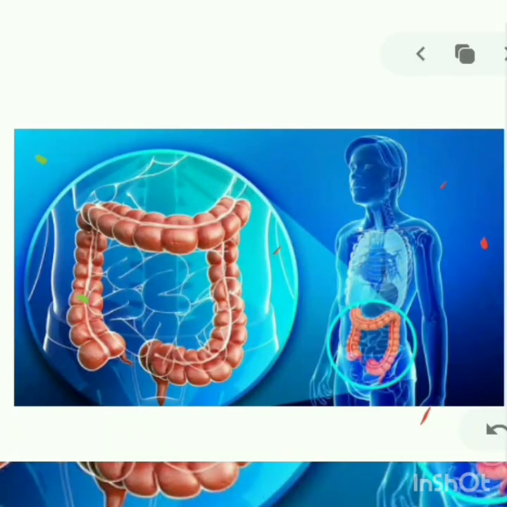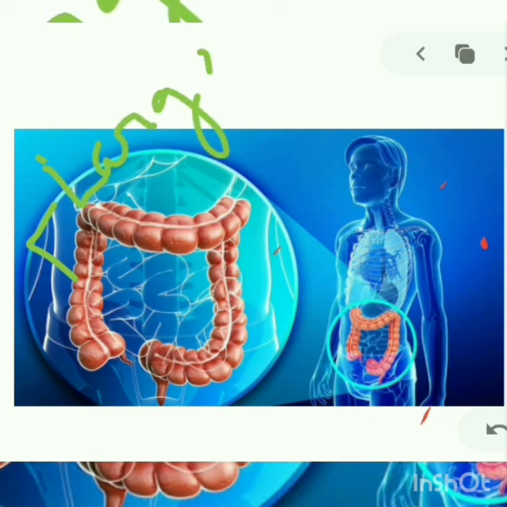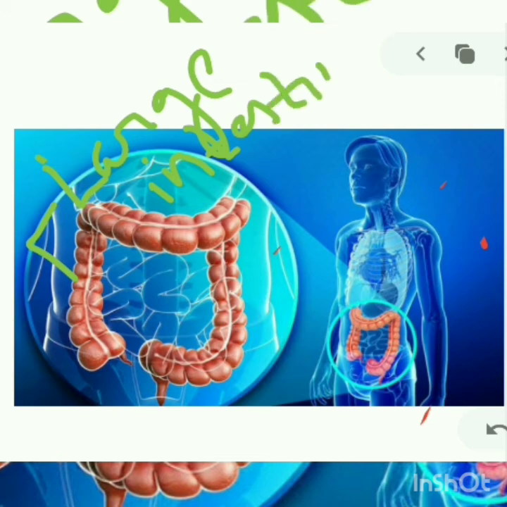Now the undigested part or undigested food passes into the large intestine. As you all can see on your screen, this is a diagram of the large intestine. So what is the function of the large intestine? It is a coiled structure which helps in the removal of undigested food particles from the body through the rectum and anus.